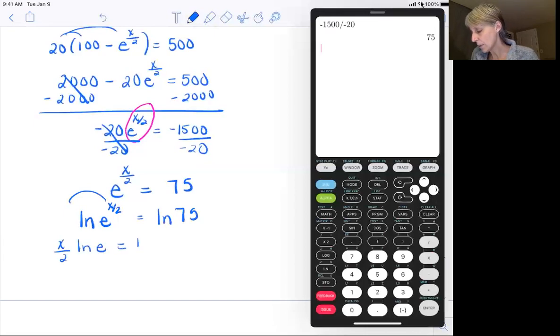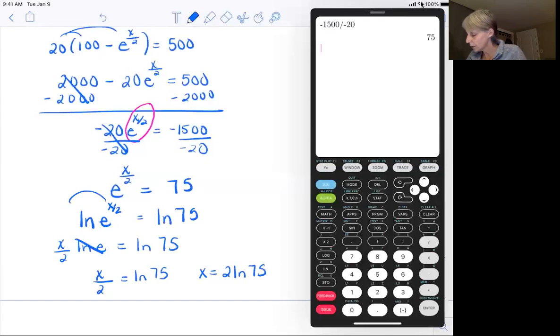And the nice thing about this, when you use ln to solve, remember ln of e is really what? ln of e is 1, so that just cancels. So I have x over 2 equals ln of 75. So x is going to equal 2 times ln of 75, which is 8.635.